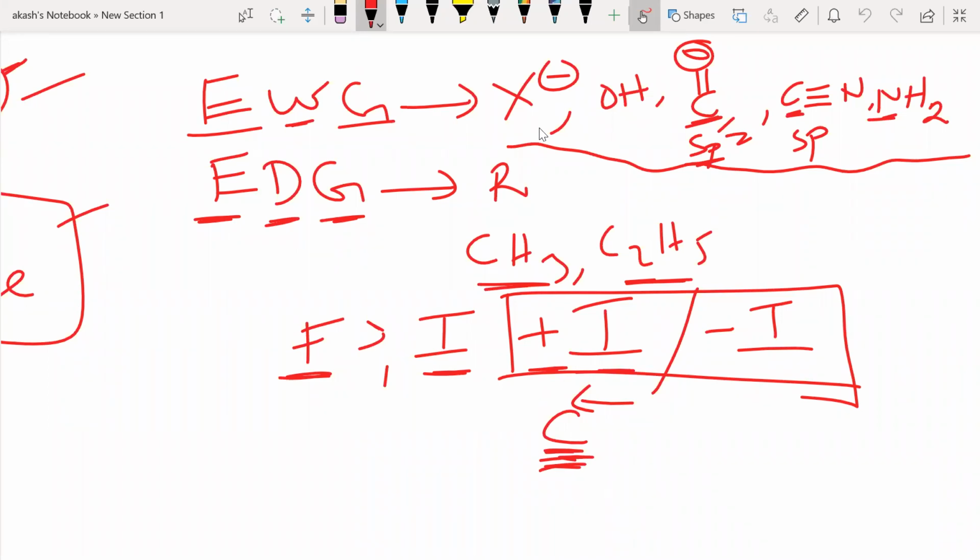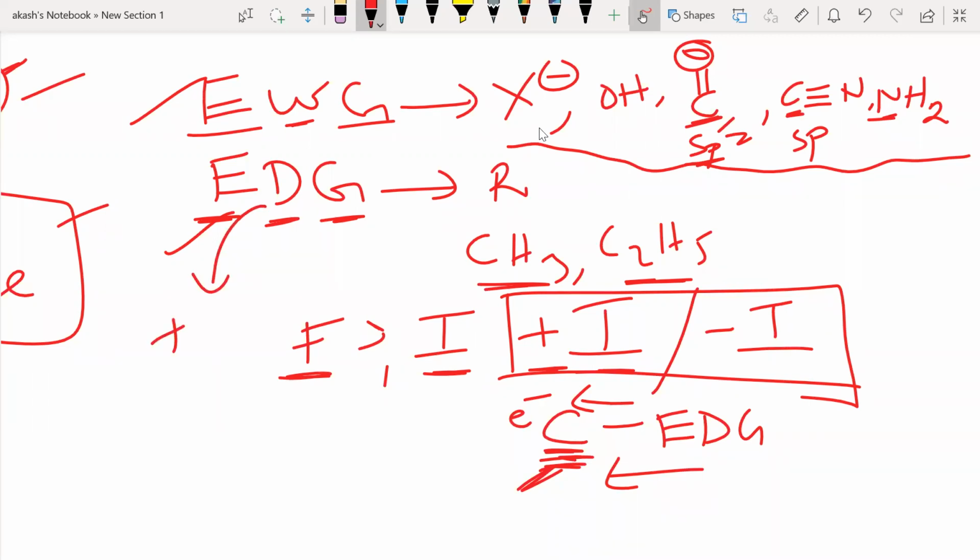So tell me, electron withdrawing groups or electron donating groups will give me plus I effect? Electron donating group, obviously. If I have an electron donating group here, this will donate electrons to carbon, so the electron density on this carbon atom will increase. That is what is called the plus I effect. So electron donating groups will always give me plus I effect.